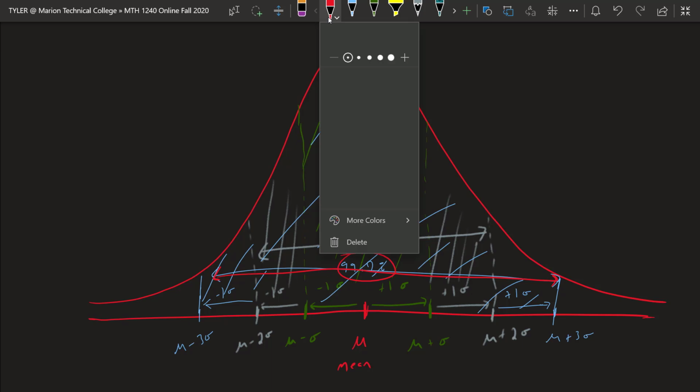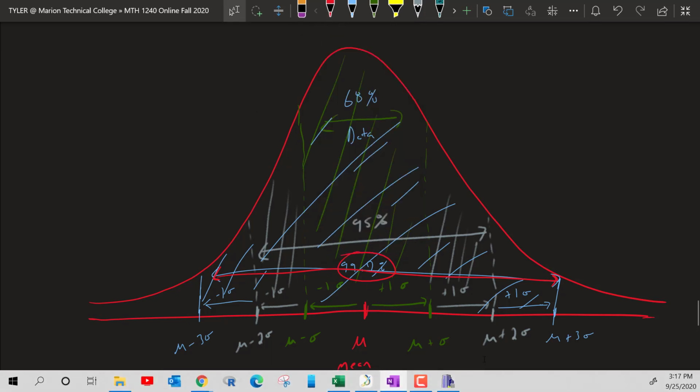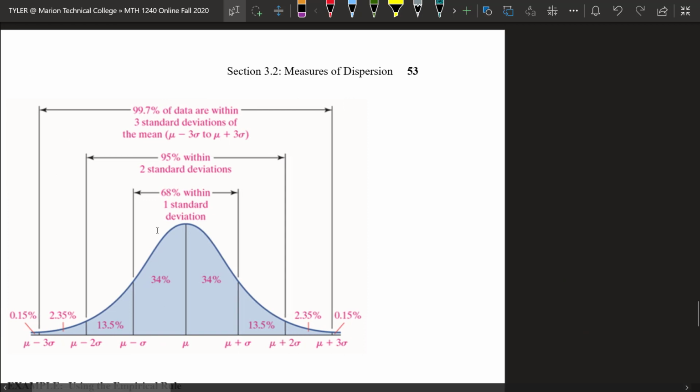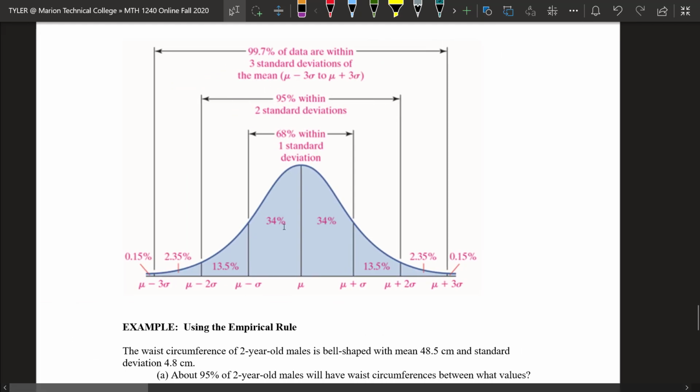This diagram is a little different. Let me scroll over. Notice it splits up some of these pieces and labels them with slightly different percents, so I can talk about how that happens.